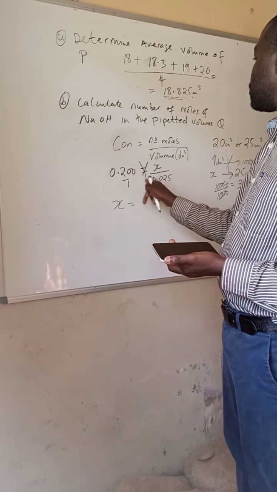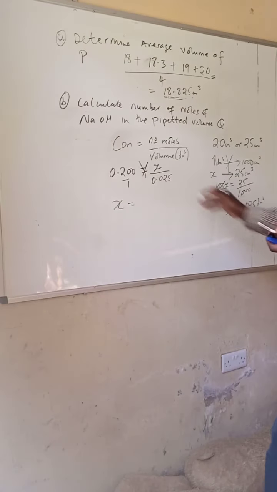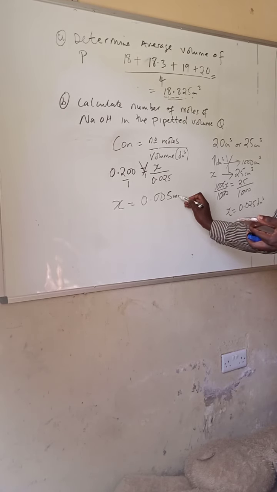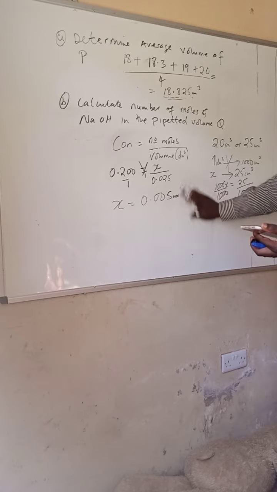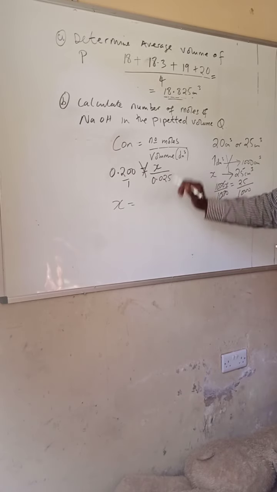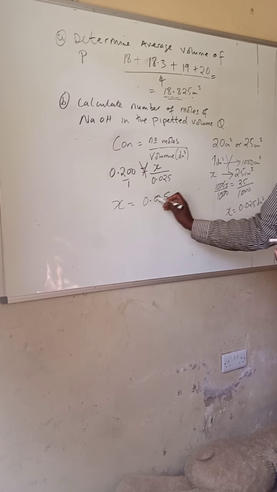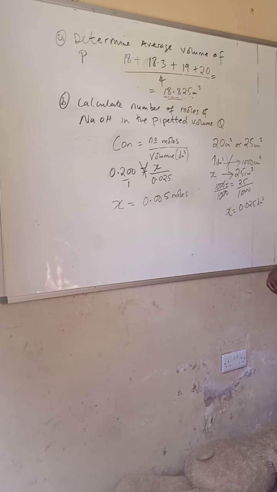So 0.200 times 0.025 gives 0.005 moles. It's not concentration, you're finding moles. Those are the moles that you're finding.